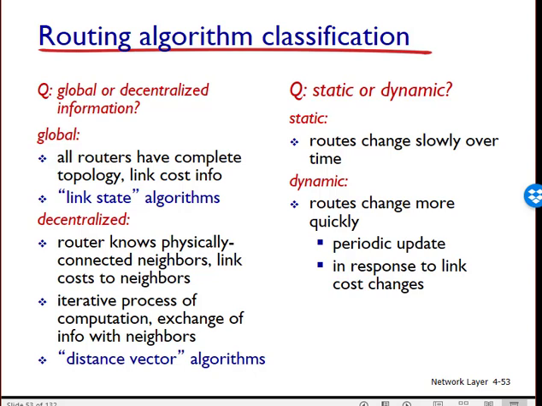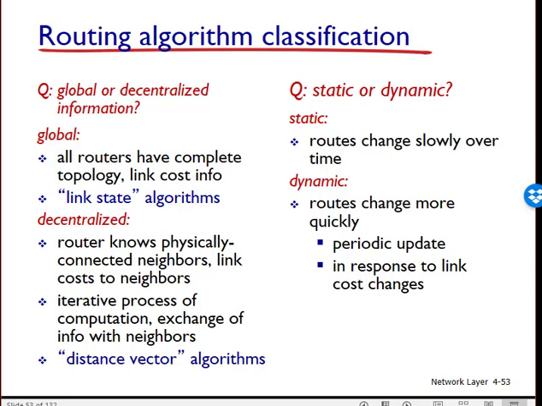The calculation itself can be run at one site, a centralized global routing algorithm, or replicated at multiple sites. The key distinguishing feature here, however, is that a global algorithm has complete information about connectivity and link costs. In practice, algorithms with global state information are referred to as link state algorithms, since the algorithms must be aware of the cost of each link in the network.